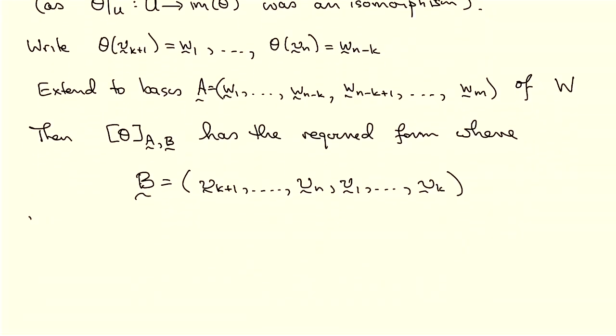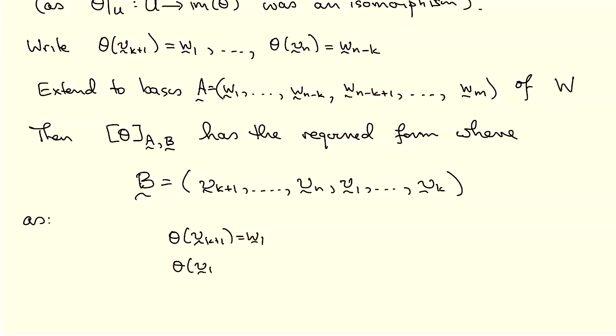Just to explain why: theta of Vi, if I'm in this first chunk here, that's just exactly Wi, in fact. It's a bit confusing, so maybe my indexes are wrong. Let me just illustrate by example. Theta of Vk plus 1 is W1.